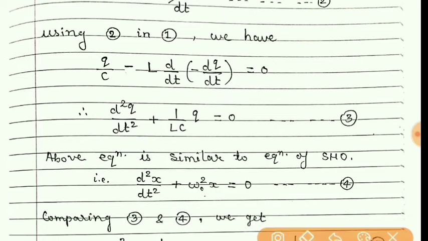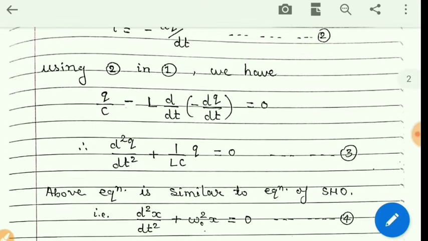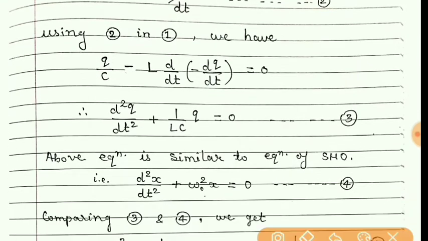Also, what we did is this L is brought here. So it is q upon LC. And so we got this equation. This whole equation we can say is divided by L. So when we divide this equation by L, the L will get cancelled.